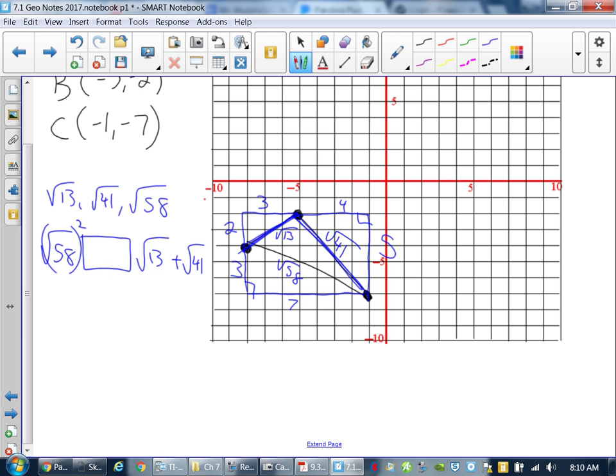We're just going to square all of them. So now you get 58 on one side, and 54 on the other. Since this one's bigger, what kind of triangle is it? Obtuse, very good.